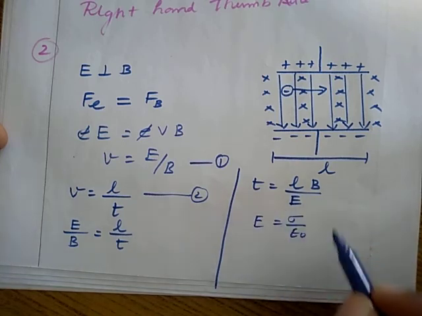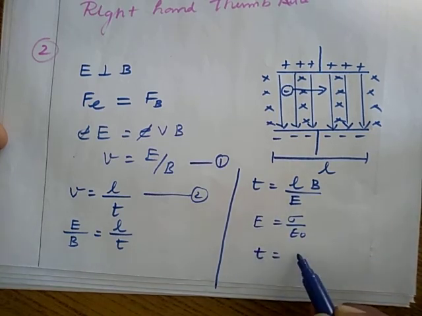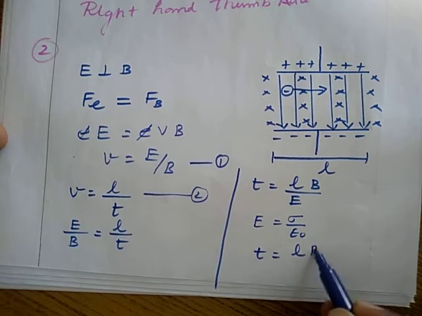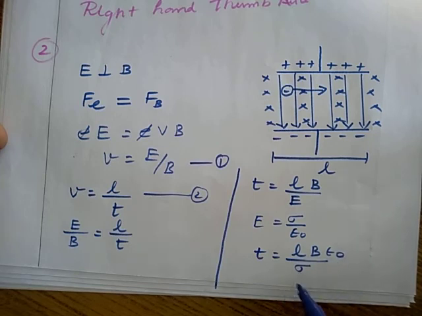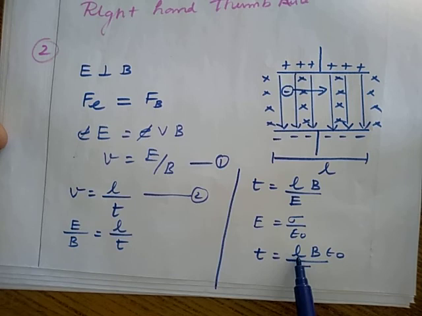Then substituting this, time T is equal to L B epsilon naught by sigma. So the answer is L B epsilon naught by sigma. The answer is D. D is the answer for the second question. It is an easy one.